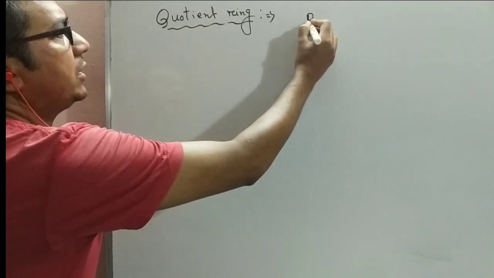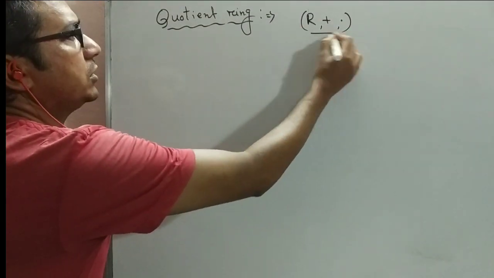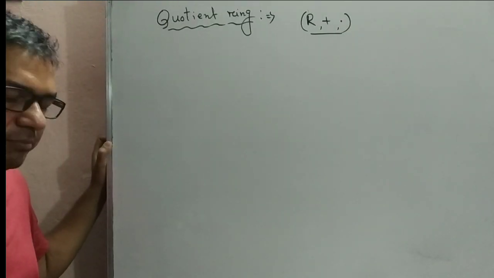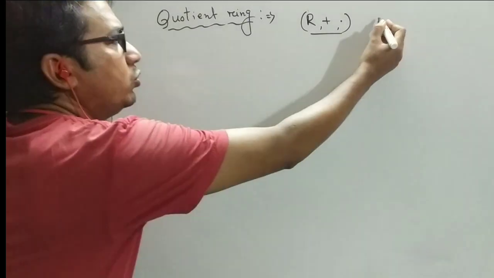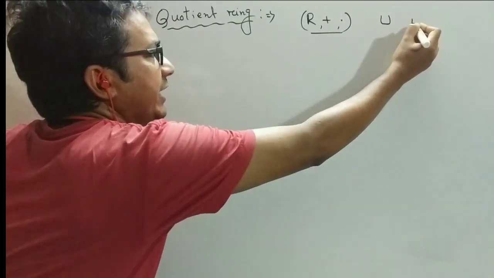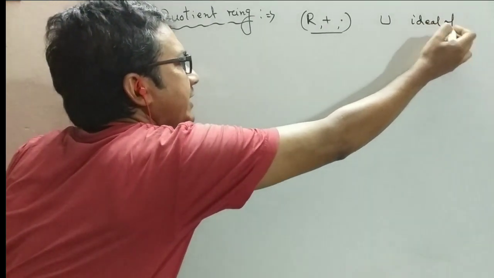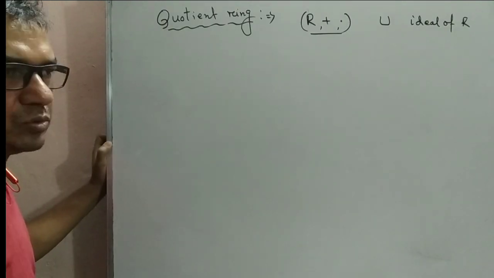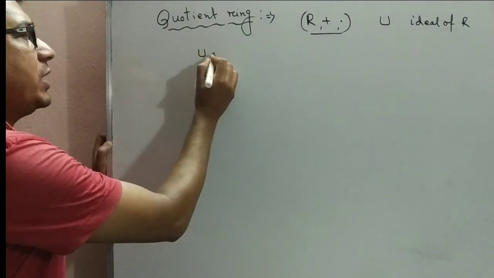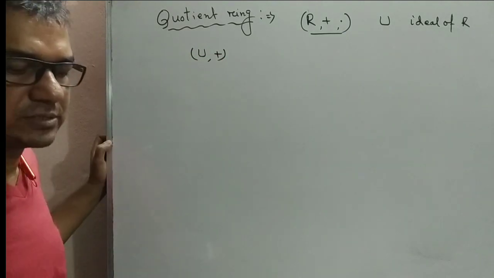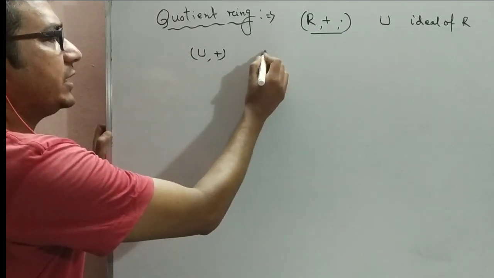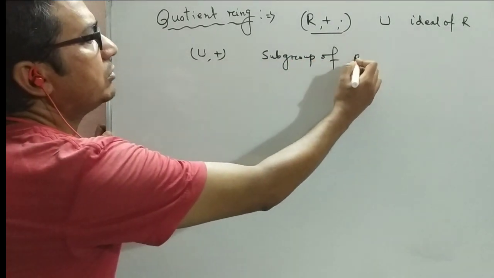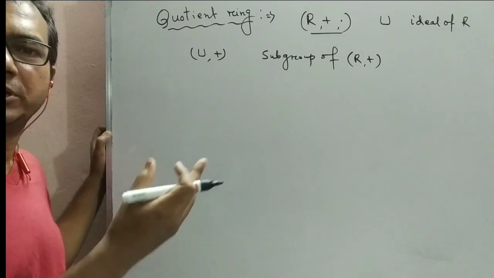Let R, plus, dot be any ring with respect to addition and multiplication, and U be an ideal of R. So U plus must be a subgroup of R plus from the definition of ideal.